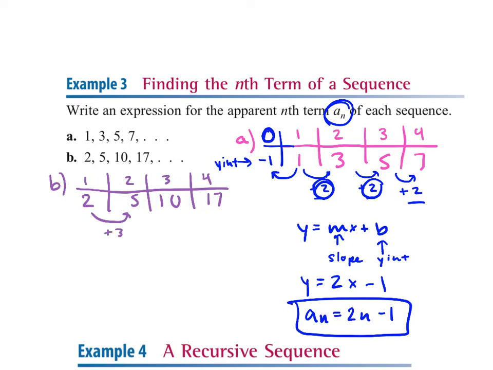What about from 5 to 10? 5. And from 10 to 17? 7. So we're not increasing by a constant number here, so we're not going to use our linear equation. We're increasing pretty quickly, so we want to think in terms of powers maybe.